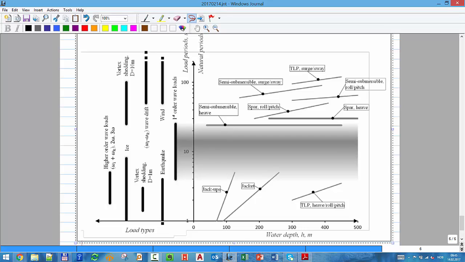Vortex shedding will affect that part, etc. So if you characterize your loads and you expect very strong loads within a certain range, there are some offshore structures that you shouldn't use, because you don't want the natural frequency to be the same as the excitation frequency. That causes resonance, very high displacements, very high loads, and then you can damage the structure.